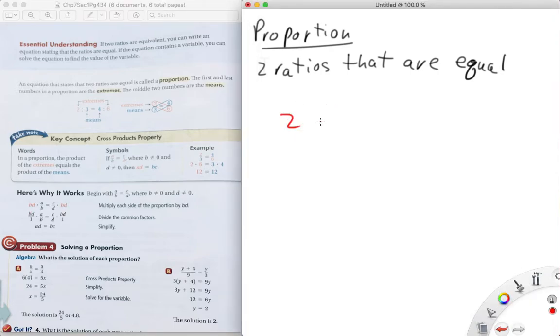So you have a 2 over here, you have a 6 over here, decimal, or colon. We have a 3 over here and a 4 over here, and they're equal. The outside terms, the first and the last terms, these guys are called the extremes.